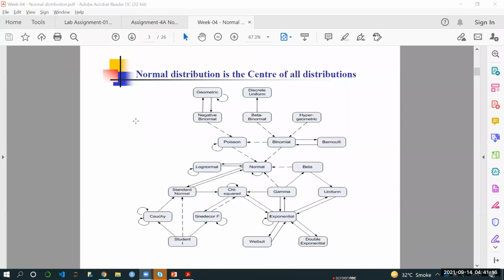Now, can you see slide number 3? Normal distribution is the center of all. So see that normal is the core. Dashed lines mean you have a large sample size, and black lines mean it is the normal case.